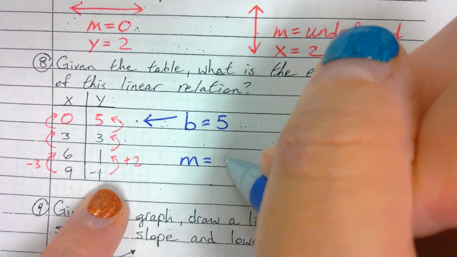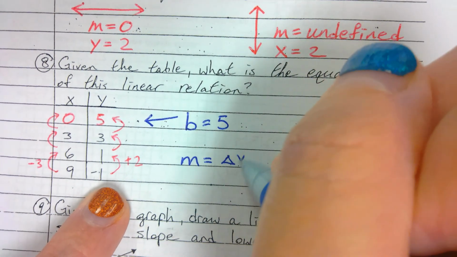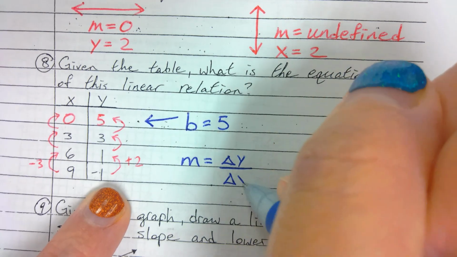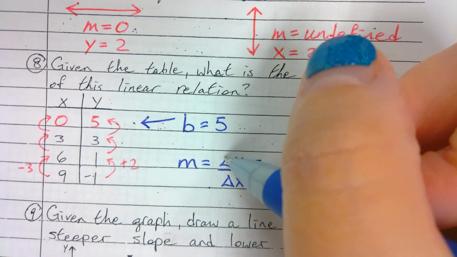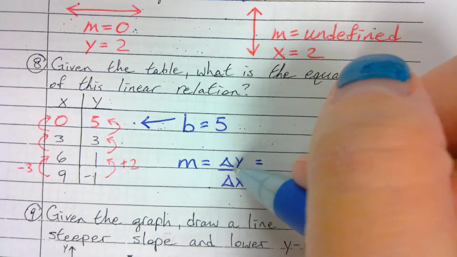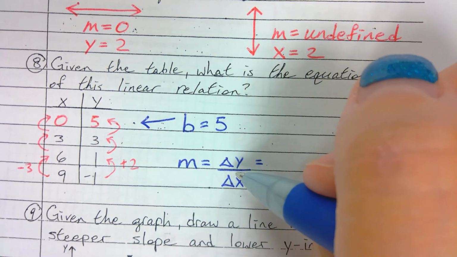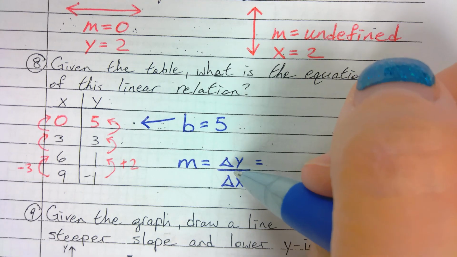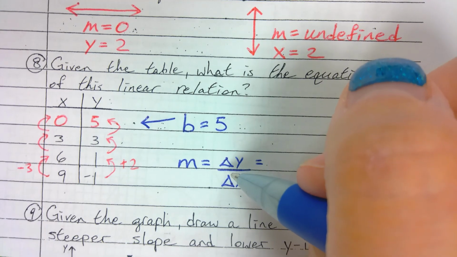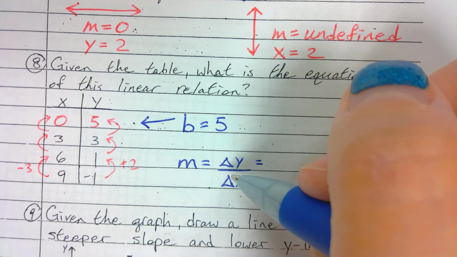Remember, slope is difference in y divided by difference in x, rise over run. So difference in y. But by the way, in science, do you guys know the symbol? What is this symbol called in science? Yeah, triangle. Starts with a D. So yeah, delta, right?